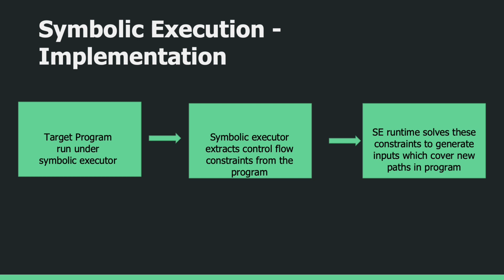We'll focus on this entire process in two halves. In the first half, we'll focus on how a test program is run under a symbolic executor, and then we'll focus on how the symbolic execution runtime solves these constraints that are extracted from the program. And QSYM has different solutions for both of these aspects of symbolic execution.